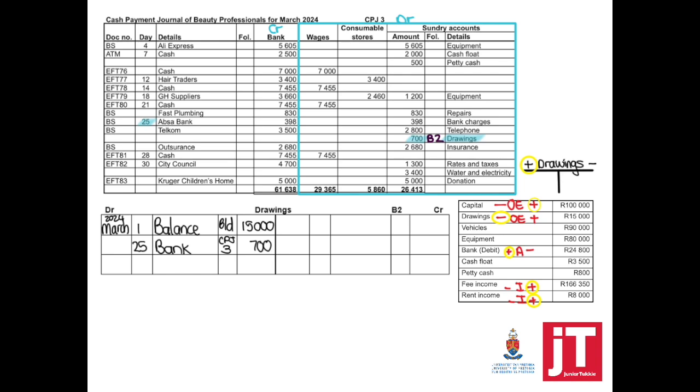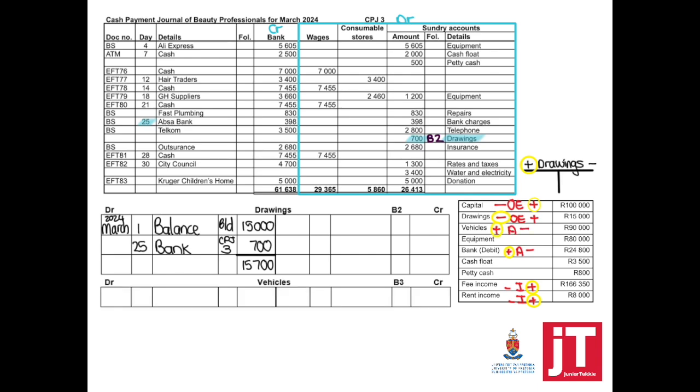There were no other drawings, which means now we can simply add the debit side. There's nothing on the credit side, so I don't need to balance it by totaling the debit and then totaling the credit side and finding the difference. We can simply add the debit side, and that will be our new balance in the next month, which will be April.